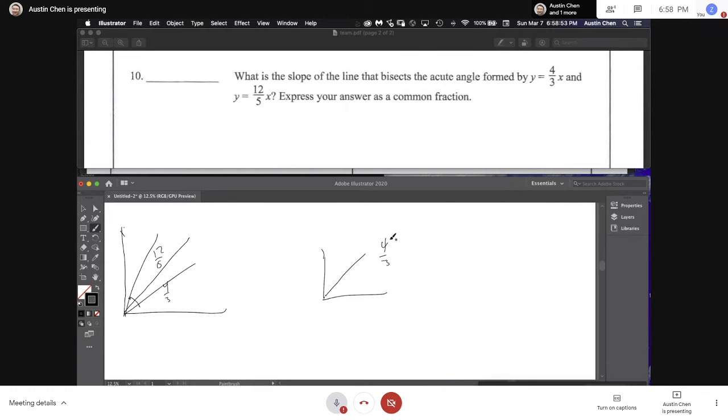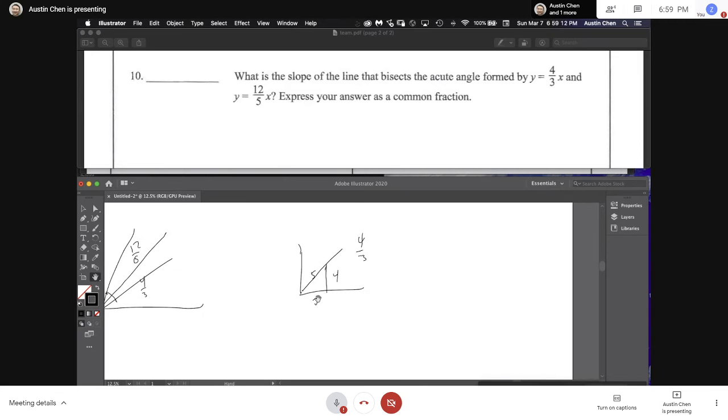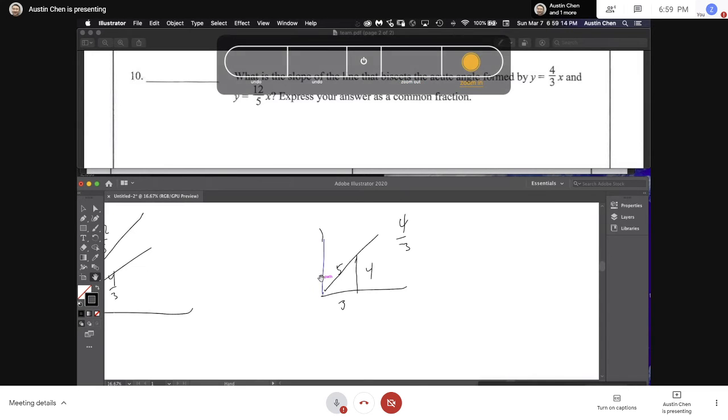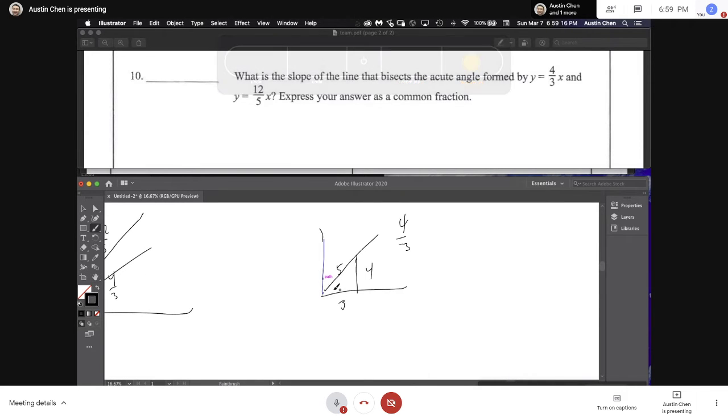This means that we go up 4 every time we go right 3. Then this triangle is going to be a right triangle, and our hypotenuse, the length that we go on the line, is going to be 5. And then we want to find what this angle is right here.